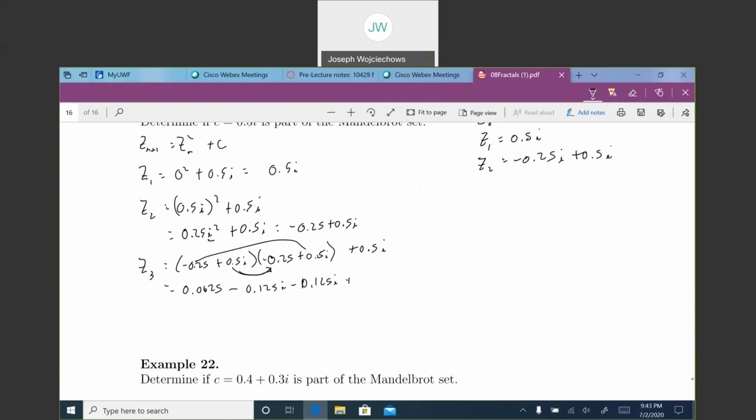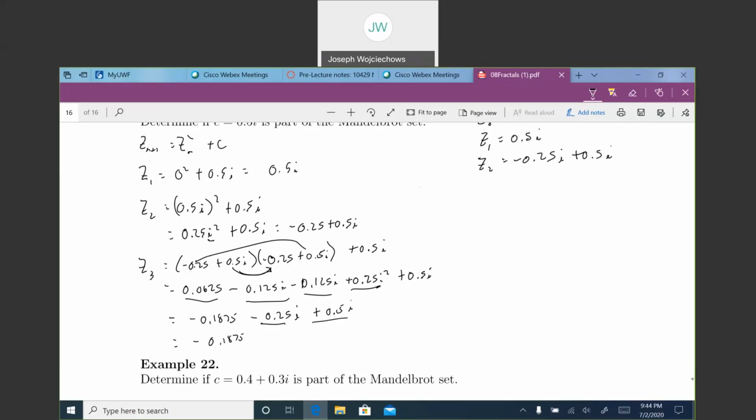This becomes plus 0.25i squared, which is negative 0.25. So we have 0.0625 minus 0.25, which is negative 0.1875.